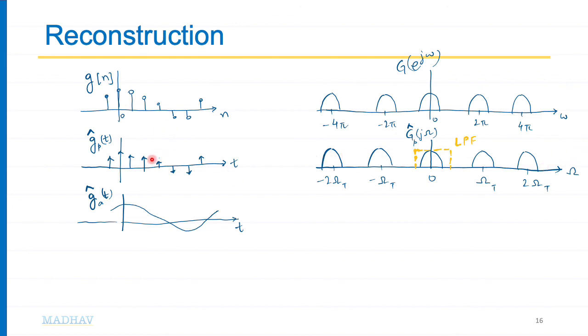This will correspond to this, and now you want to pick the central band using a low pass filter so that you can remove the copies. Removing the copies in the frequency domain will lead to making the signal continuous, and that's what you get. So your G_a hat(jω) is simply one copy, and you remove the other copies, right? So this is all about sampling and reconstruction.